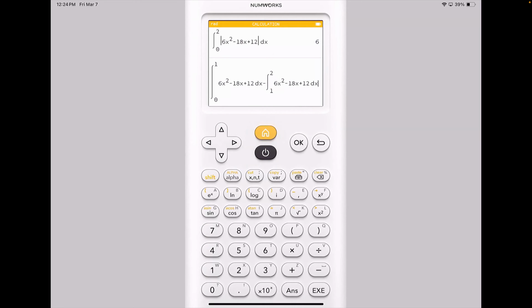Hit enter. Enter is the exe. Copy and paste doesn't work so well for this one because it gives you the same exact problem. I don't want the absolute value. If you want the same thing, it does. So what you do is you just go up to it, hit enter, and it'll paste it, copy and paste it at the same time.